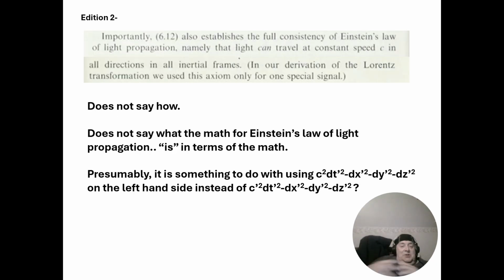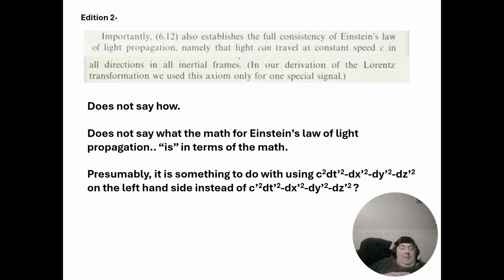And so edition 2 of the book carries on and says, "importantly, equation 6.12 also establishes the full consistency of Einstein's law of light propagation, namely that light can travel at constant speed c in all directions in all inertial frames. In our derivation of the Lorentz transformation, we use this axiom only for one special signal."